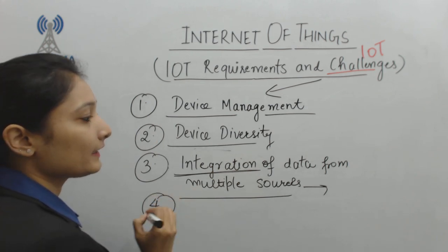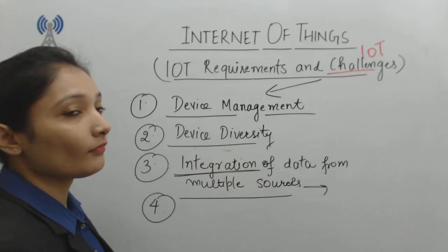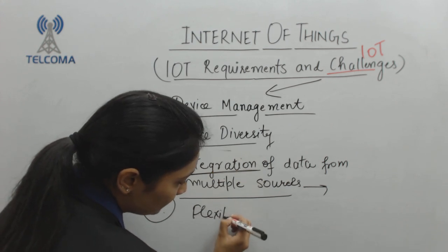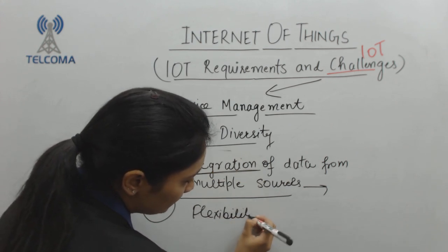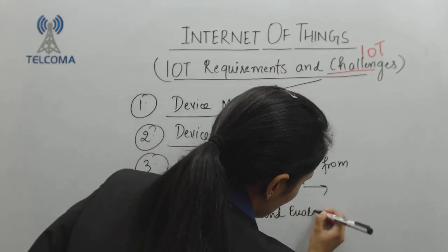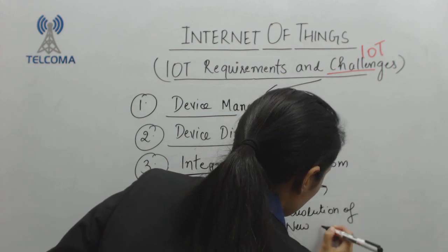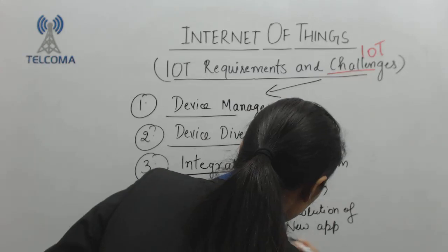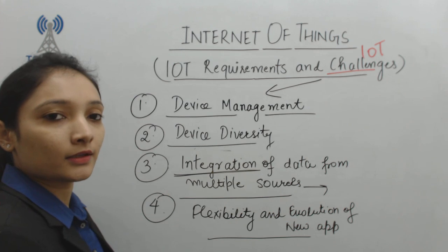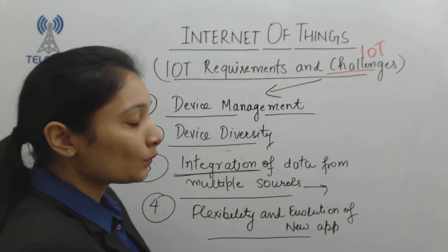Now, after the integration of data, the next thing which comes as a challenge for your IoT is the flexibility and evolution of new applications. Now, what we will witness here is that as these sensors will be working, they will be enriched with new capabilities.